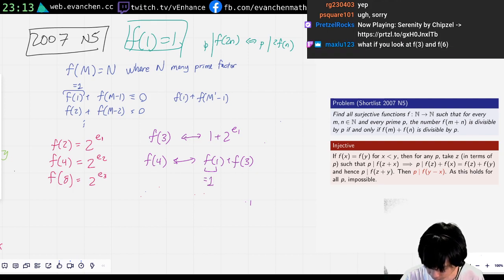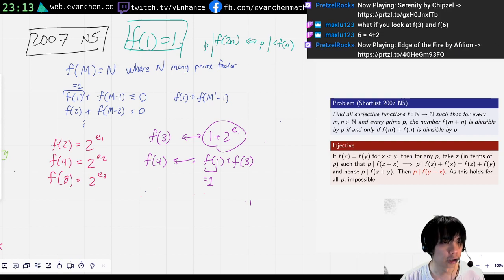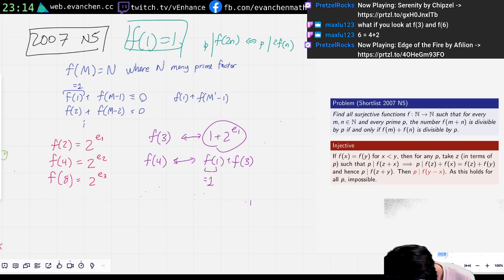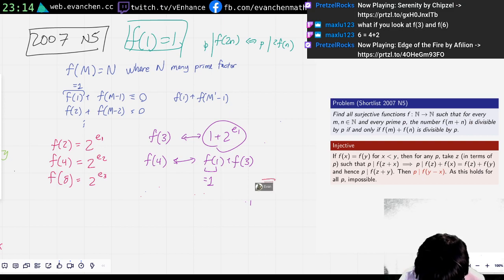So if this has... for large e, this is not a power of 3. Right? So this should be divisible by some... no, hang on. I mean, this thing means it's supposed to be a power of 2.